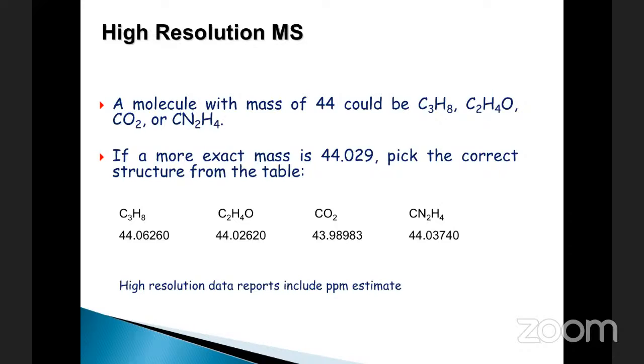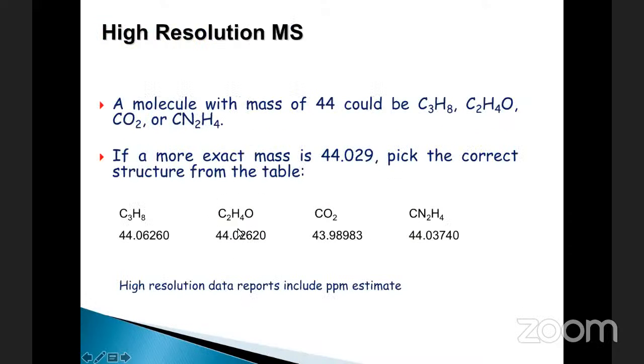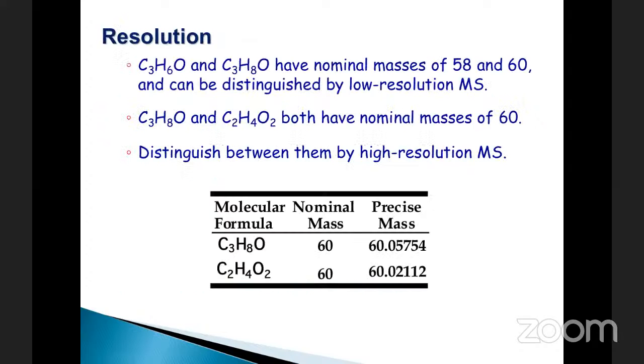When you add this, you get these values: 44.0626, 44.02620, 43.9898, and 44.03740. Now you know the closest one here, which is this one. And that's the reason you can quickly identify that our molecule's molecular formula is C2H4O, and hence you can come quickly to your structure, which is very important.